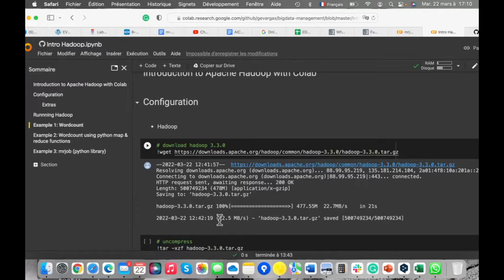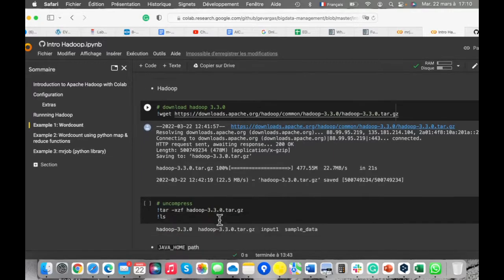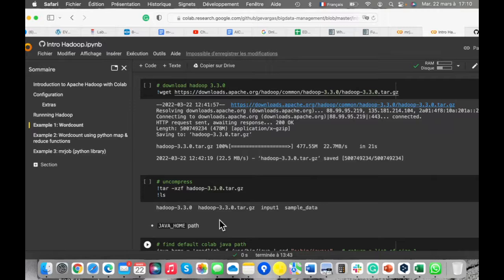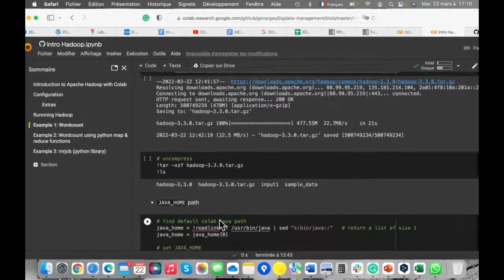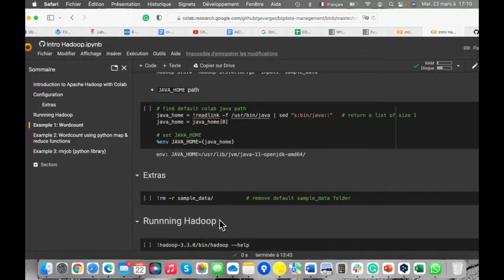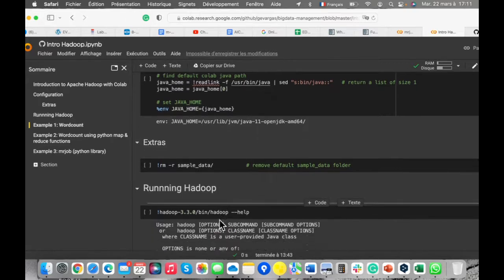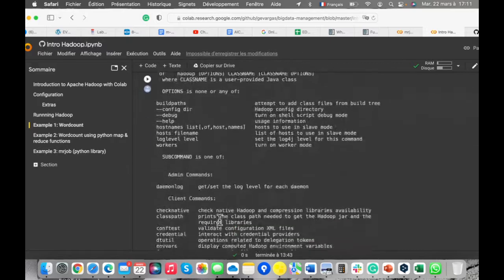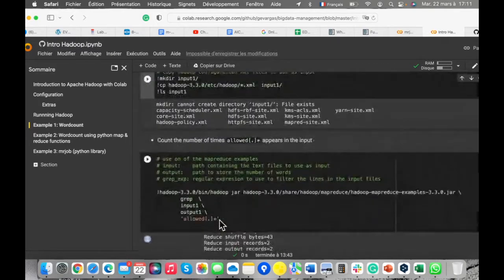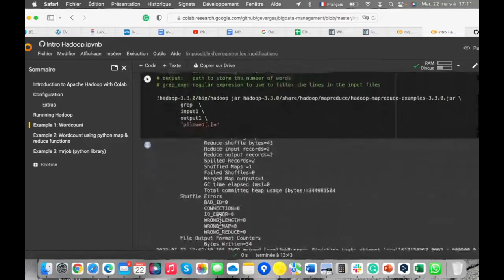So first of all, we installed Hadoop on the CPU and the server that we are allocated, and we showed a first example just to make sure that the Hadoop engine was running correctly. We saw an example of grep, but without many details.